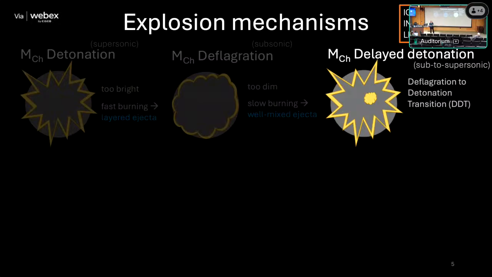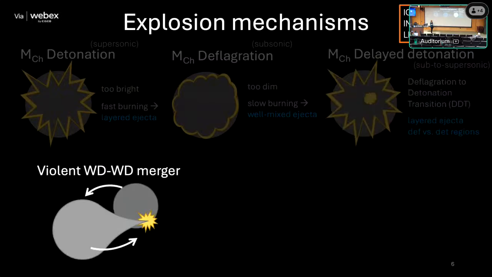The observational signature we're looking for here is layered ejecta, because most of the star detonates, but there was some deflagration phase. So we're looking for a distinction between regions in the ejecta that come from detonation, or fast burning ashes, versus deflagration, or slow burning ashes. All right, just briefly, I'll flash up here that there are some other fun ways things can explode.